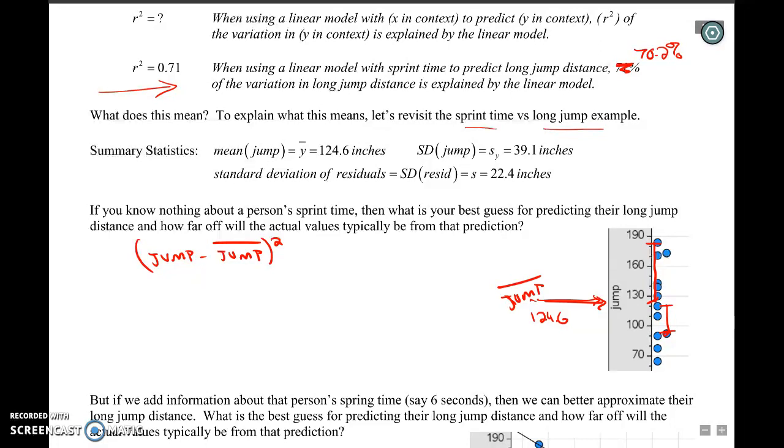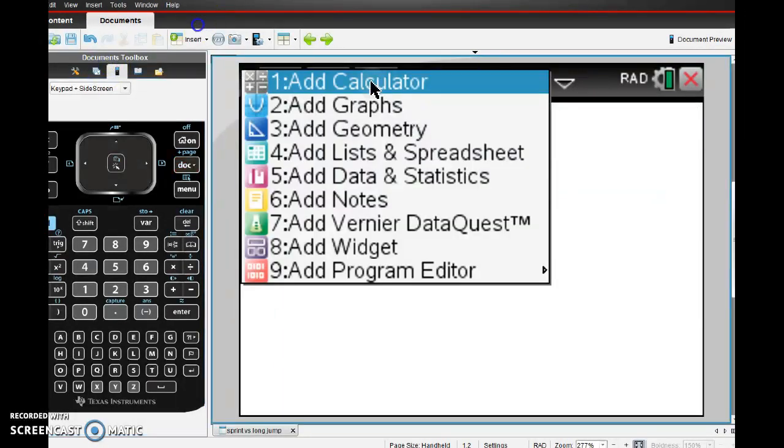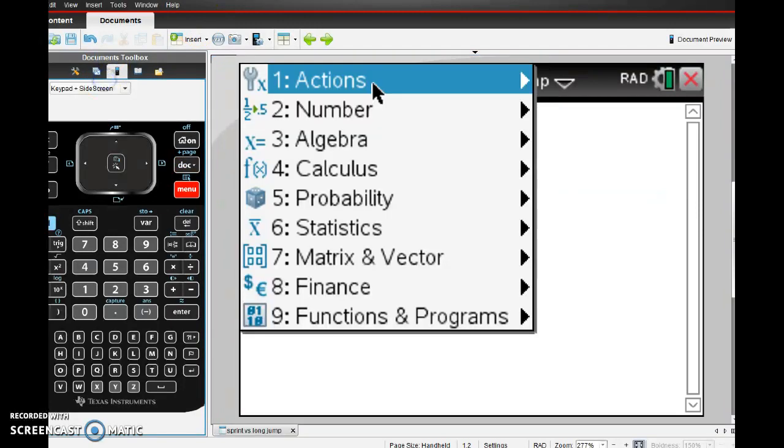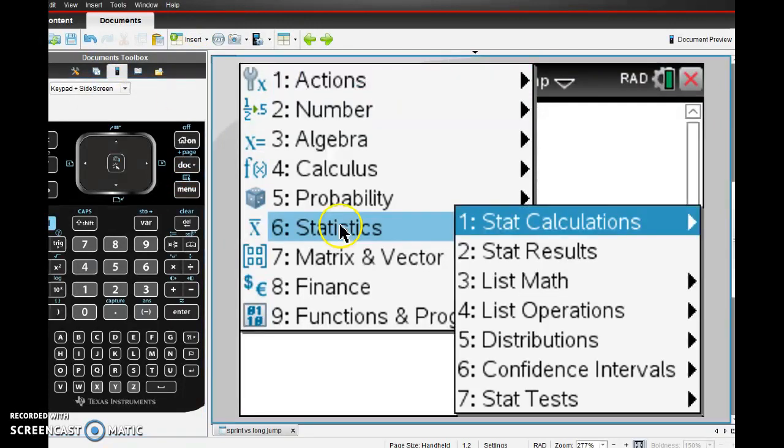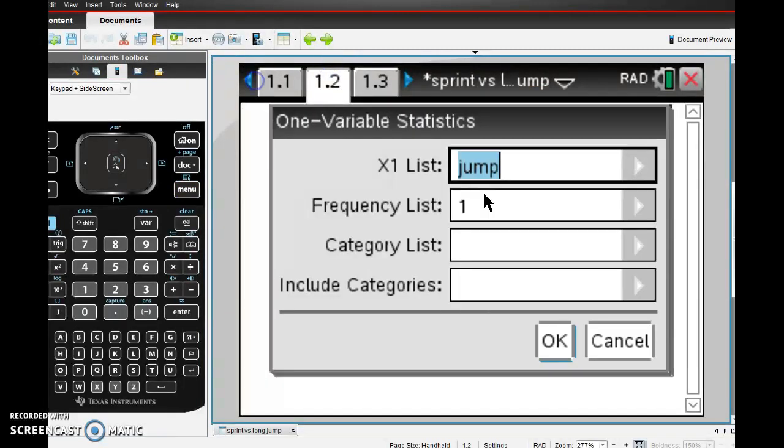So let's calculate that number. Let's not, in this case, divide by the n minus 1 and take the square root of it. I don't want the standard deviation. I just want to have a quantifiable number for my errors. So I guess we could just open up a new calculator document, and we could just run the one variable statistics on jump lengths.